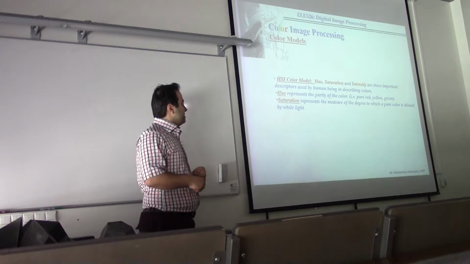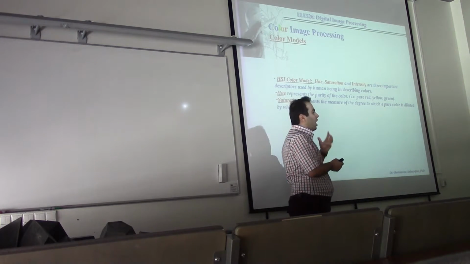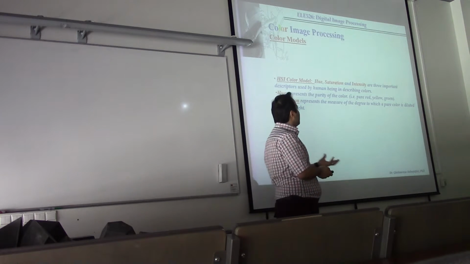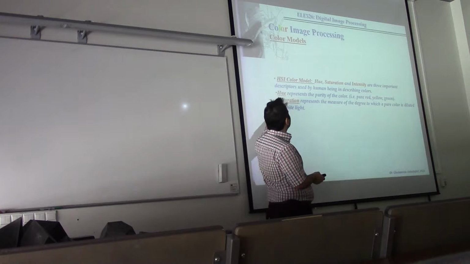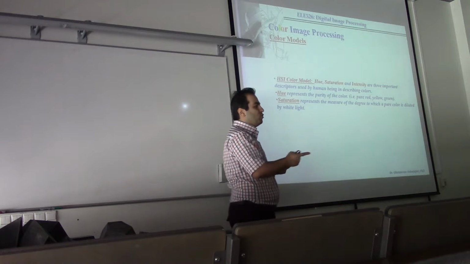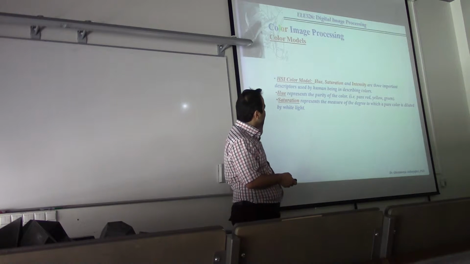In the saturation we can say how much of this color we have in our image. For example, in the hue image we can easily say that we have red, green, blue, yellow and some colors in the image.